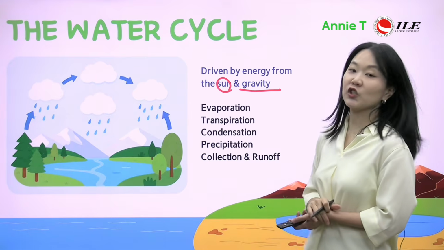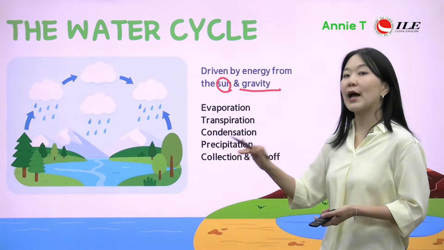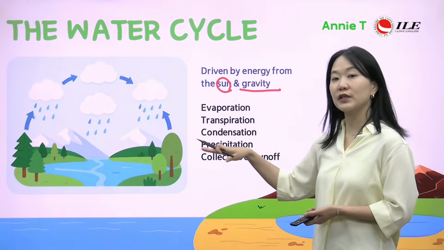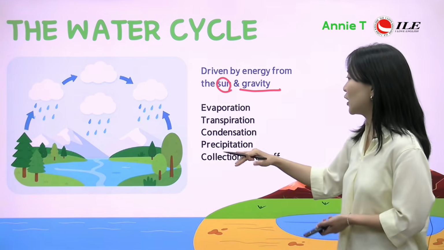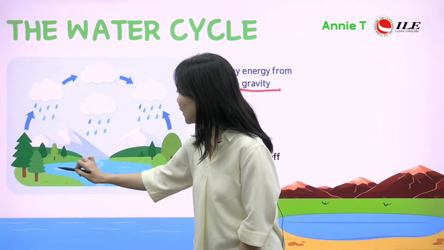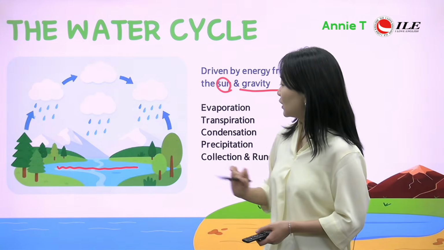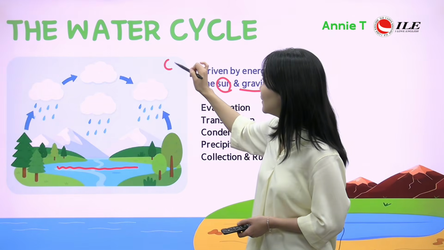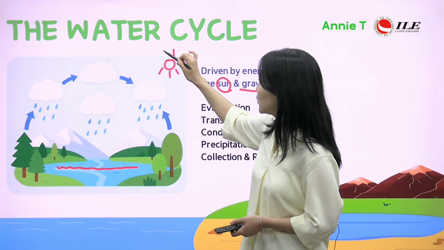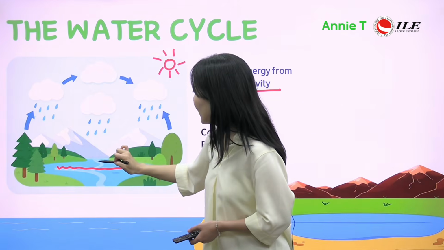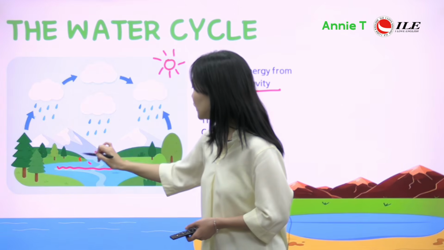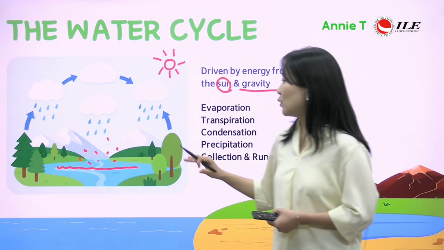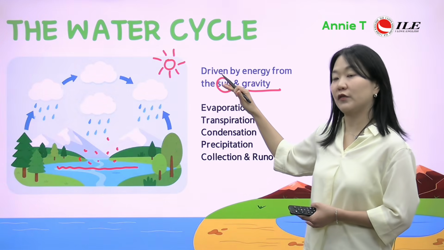Okay, if you look at this picture, the water cycle first happens usually on the surface of a body of water. Okay, so if you look here, this is a lake, and the surface of the water is heated by the sun. The sun provides the energy, and molecules of water will float up into the atmosphere.